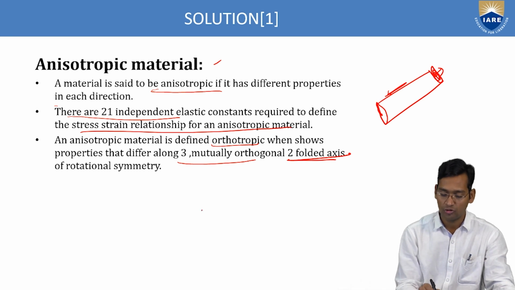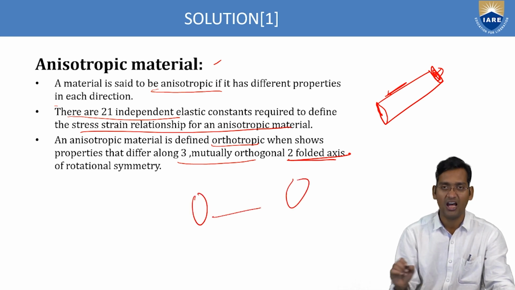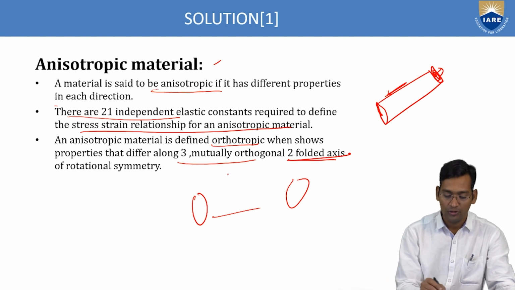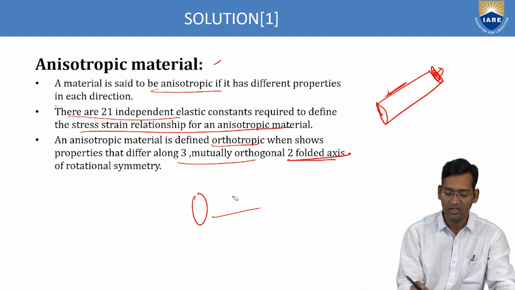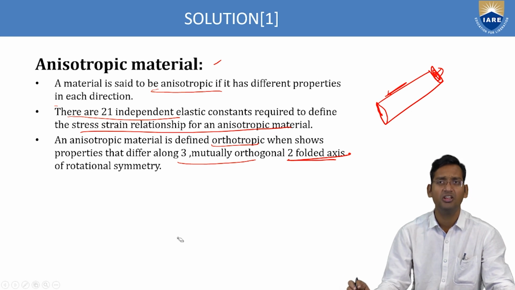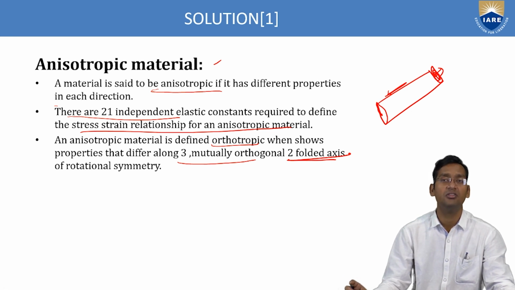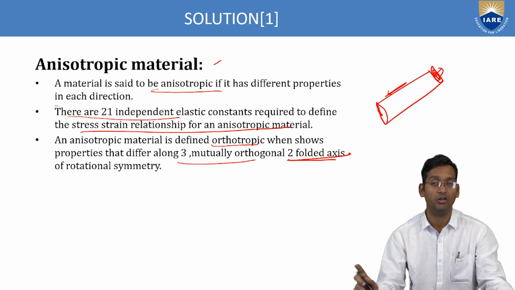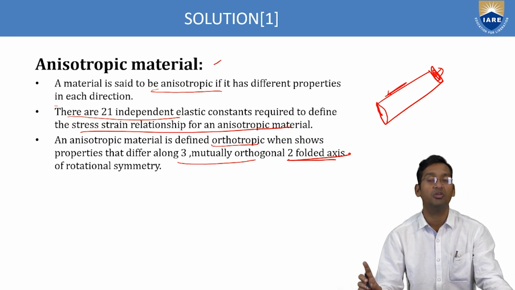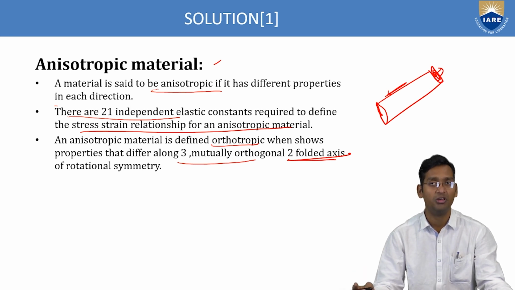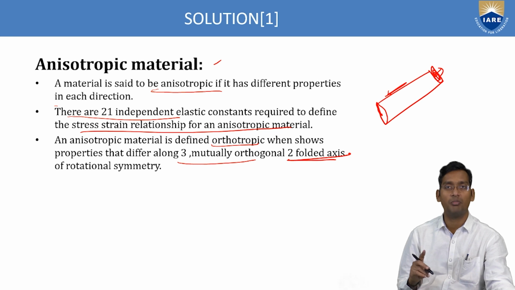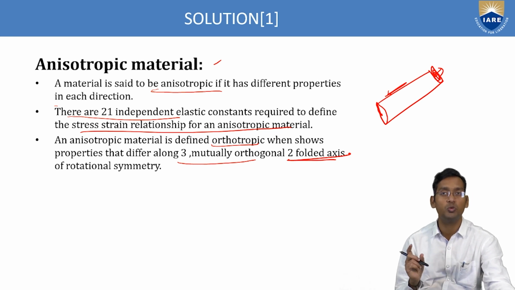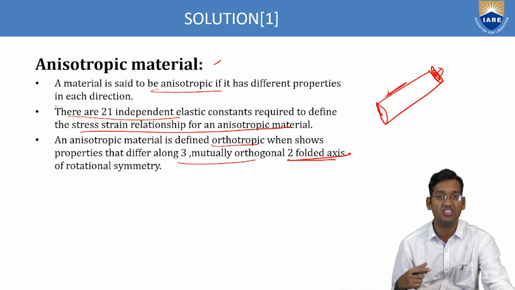Means for an anisotropic material, the stress-strain relationship needs a total of 21 independent relations. Then only we can find the stress-strain relationship for that particular anisotropic material. We cannot find the relationship between two anisotropic materials. How is stress-strain connected?